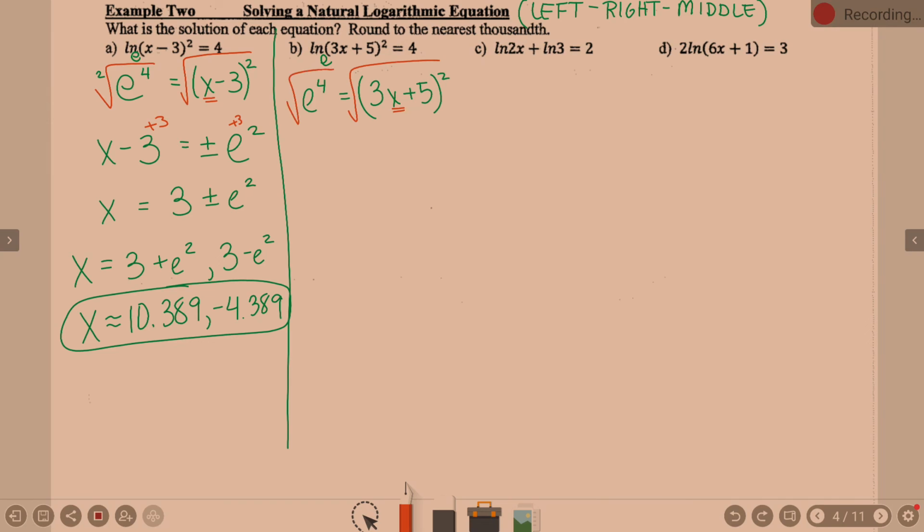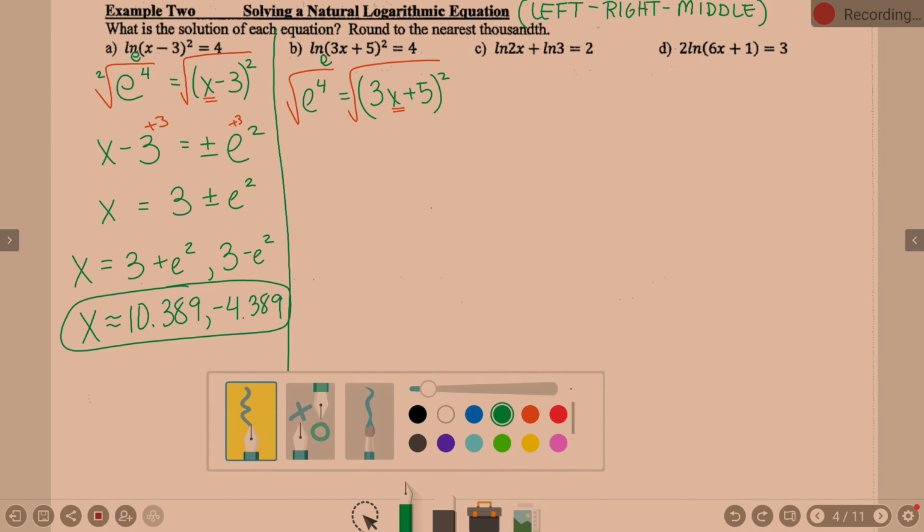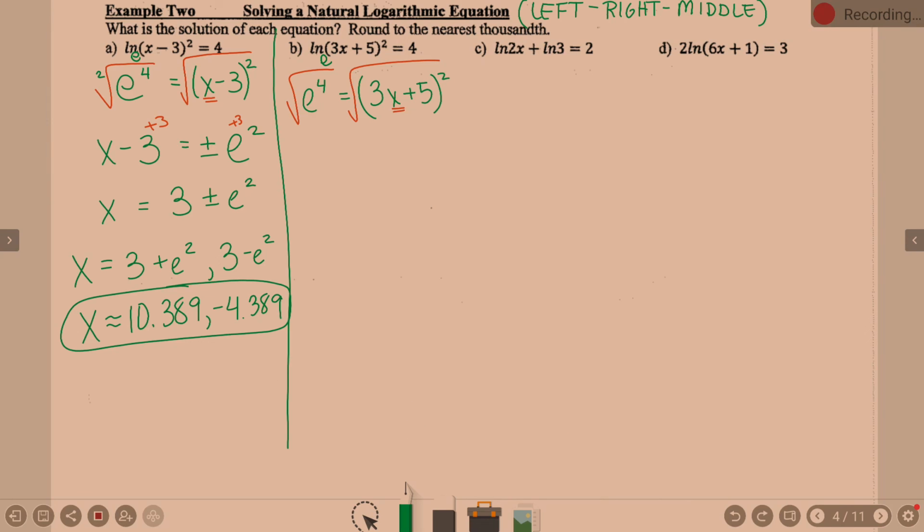What is the square root of 3x plus 5 squared? 3x plus 5. Good. What is the square root of e to the 4th? E to the second. And since we're in an equation setting and we took the square root of both sides, it has to be plus or minus.